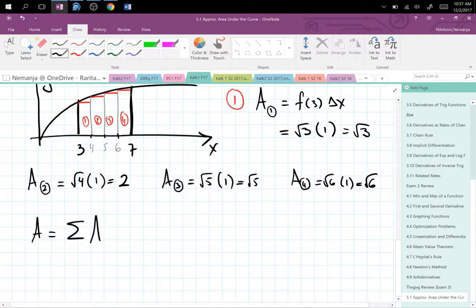It's going to be the summation of all the areas. So I have root 3 plus 2 plus root 5 plus root 6. You can take your calculator and compute this. Let's say 2 decimal points should be enough. So we have square root of 3 plus 2 plus square root of 5 plus square root of 6, which is 8.42.